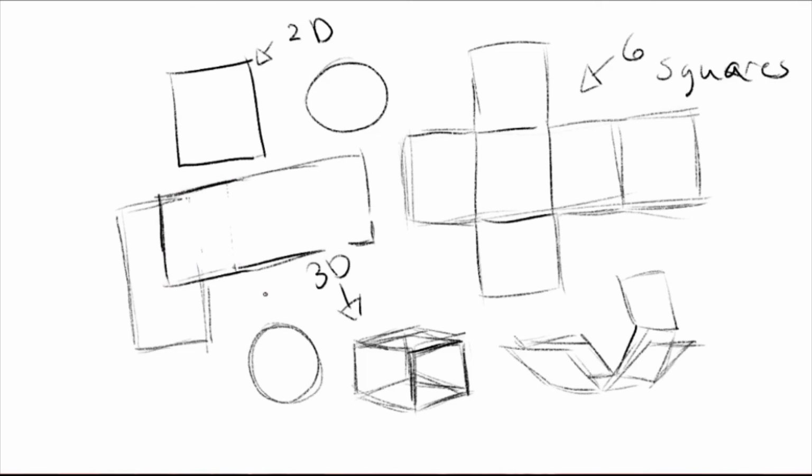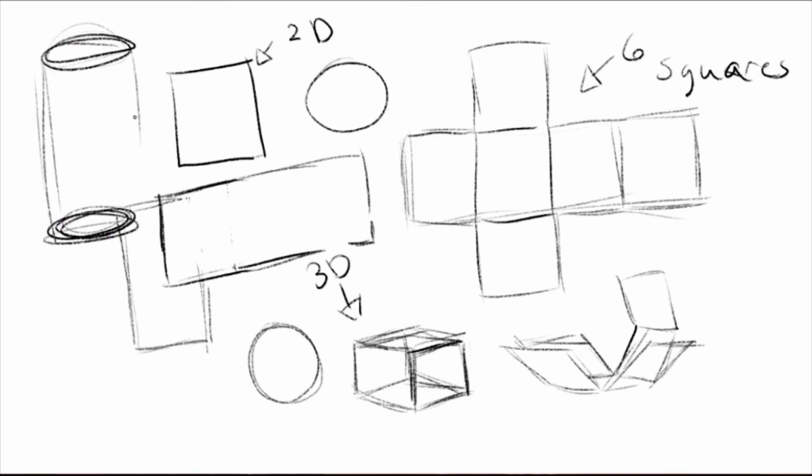Okay? So if I were to take one of those circles and put it on the top, one of those circles and put it on the bottom, and wrap that whole piece around like it was a Pringles can. And let's say that they join right here, and I can put some tape on it, and now I have a tube.